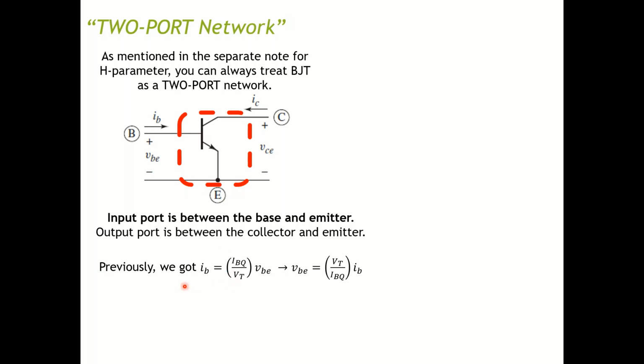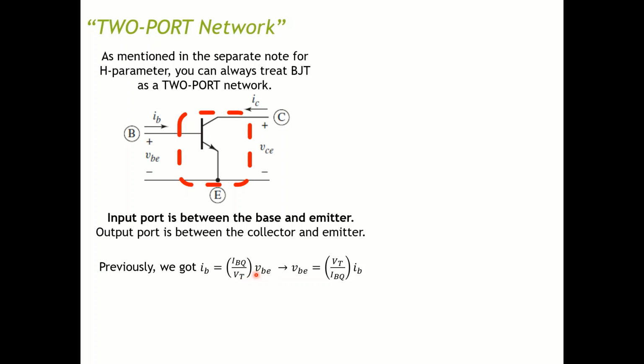So previously we got the base current, small i_b, equal to I_BQ over V_T multiplied by v_BE. Here I_BQ is a constant based on the Q point, and V_T is also a constant based on temperature.